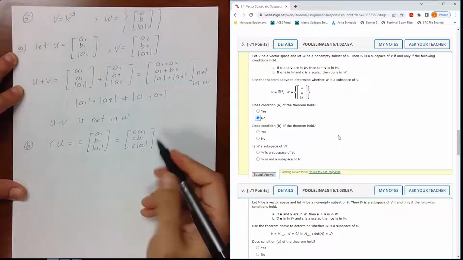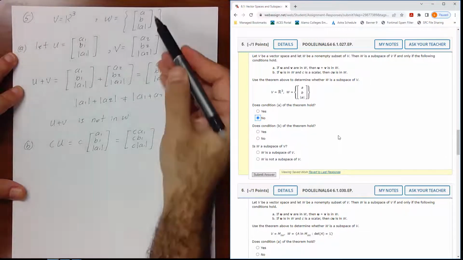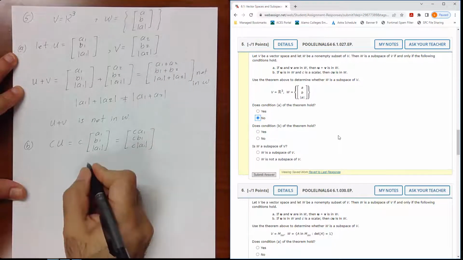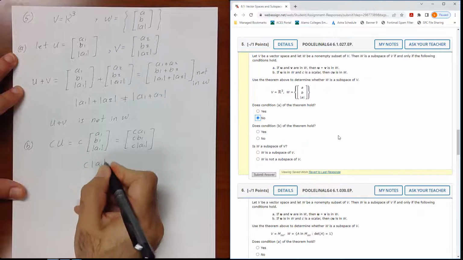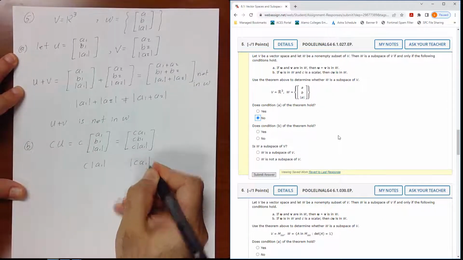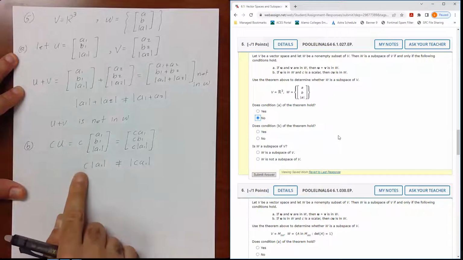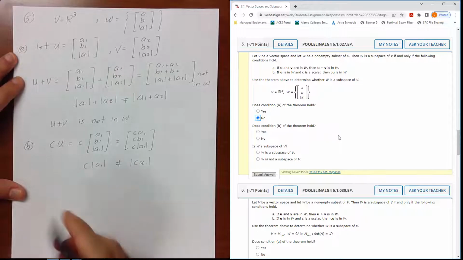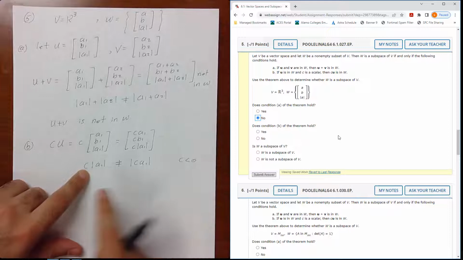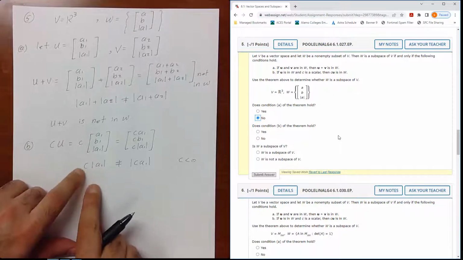Let's check this one is satisfied. This one is in W, the first element, yes. The second element, yes. But the third one, if you have |C|A1 equal to CA1, these are not equal. If you took C as a negative number, like if you set C less than 0, so -1, for example, times any number is going to be negative.